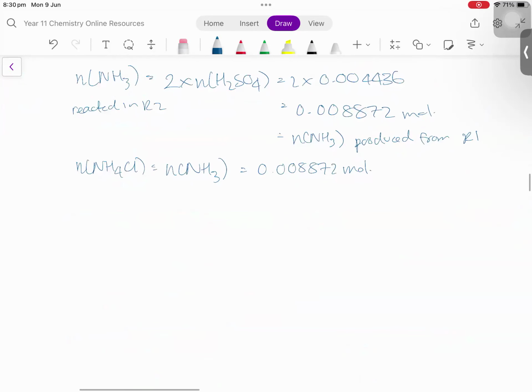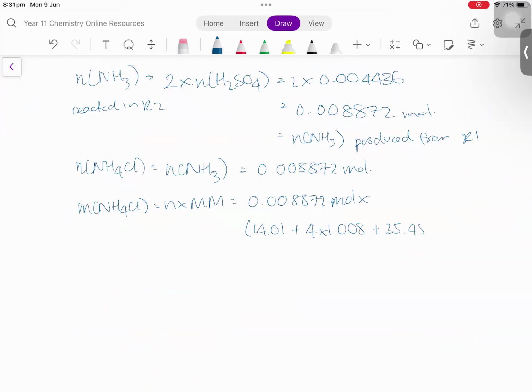Okay, so we want the mass of NH4Cl, moles times molar mass, 0.008872 mole, multiplied by, you've got nitrogen, 14.01, you've got 4 hydrogens, 4 by 1.08, and a single chlorine is 35.45. So that's equal to 0.4745 grams.